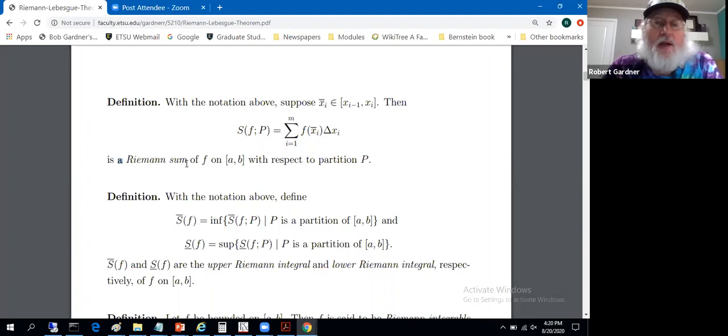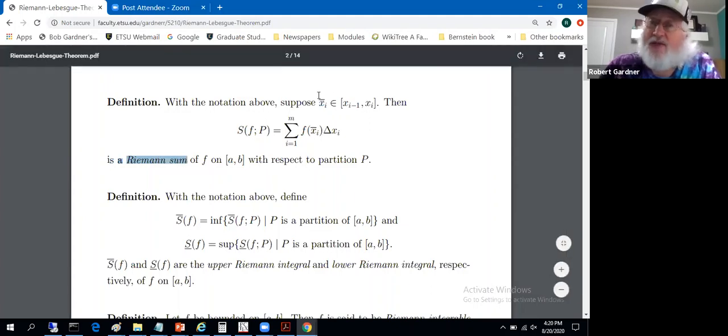I can't call it the Riemann sum anymore because I don't know how you chose that x sub i in that interval. We could have chosen left-hand endpoints, right-hand endpoints, midpoints, a common numerical technique to use in numerical integration. But this is called a, that's maybe the most impressive word, a Riemann sum, because I don't know how you chose the x sub i bars. A Riemann sum of function f with respect to the partition.